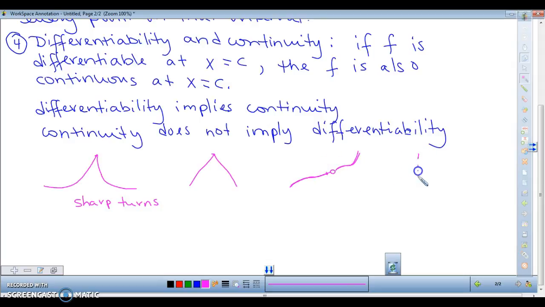The same thing goes with the vertical asymptote. If you have something like your reciprocal function there, then right here where x is equal to whatever this value is, we could not differentiate it. Okay, so those are a few places where you can't differentiate.